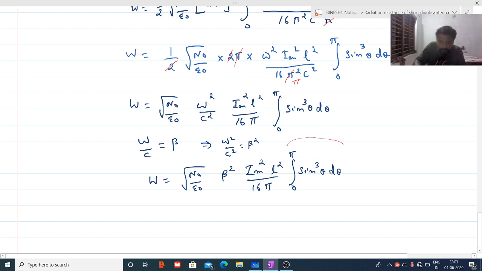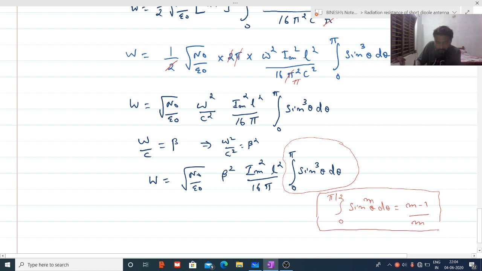This term will have a standard equation, given by: integral 0 to pi by 2 of sine m theta d theta can be written as m minus 1 divided by m. Okay, so this is one standard equation. I will utilize this here and substitute the value for sine cube theta.